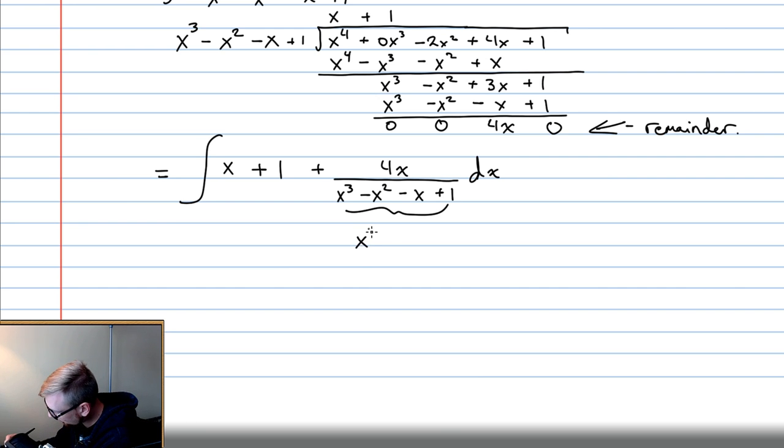Well, x cubed minus x squared minus x plus 1. Just by looking, we can see that 1 is a factor. It would be 0. So if we plugged in a 1, we get 1 minus 1 minus 1 plus 1 equals 0. 1 is a factor.